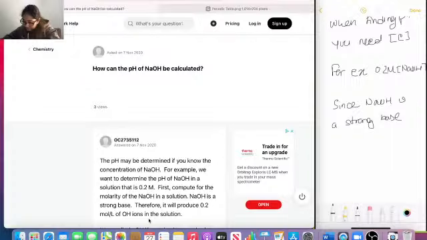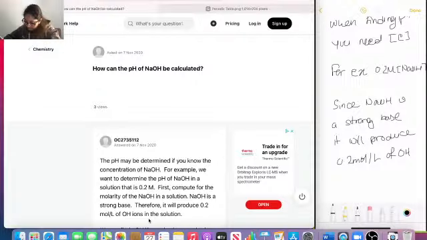So basically, you can say it will produce 0.2 moles per liter of OH, right?